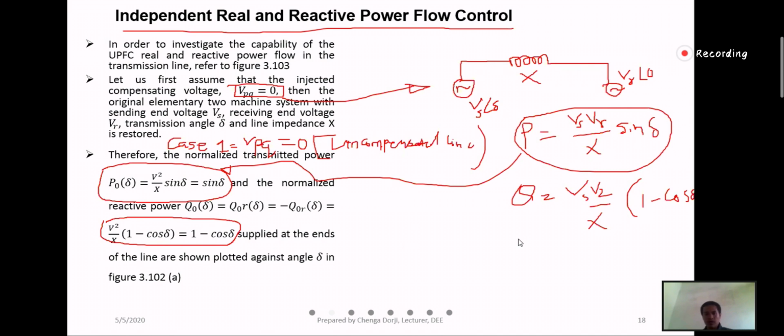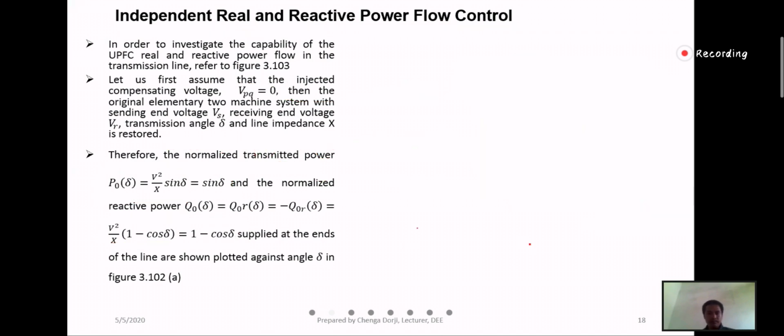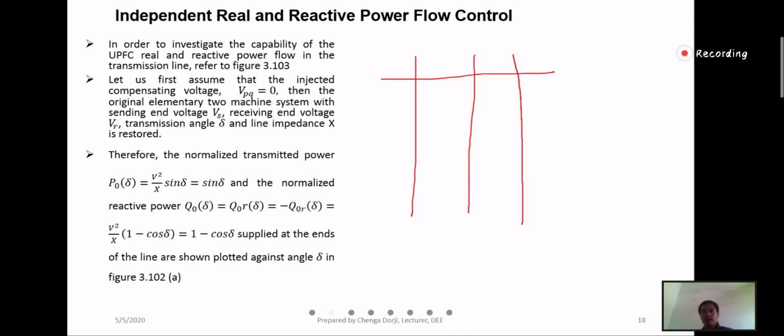Now if you plot this one, what will happen? So please, can you draw this table? Can you draw now?